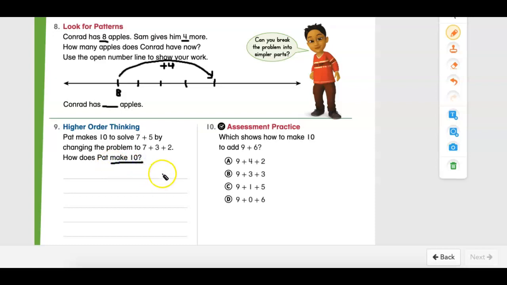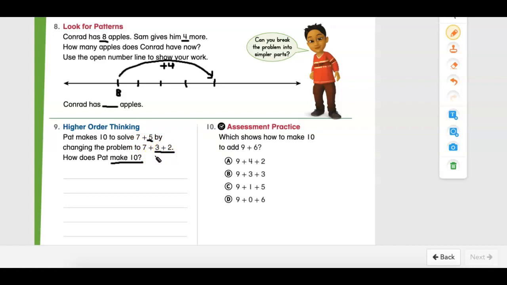So I know that 7 plus 5 is the same as 7 plus 3 plus 2, because 3 plus 2 is also equal to 5. So these are the same equations. This one just has a broken down 5.